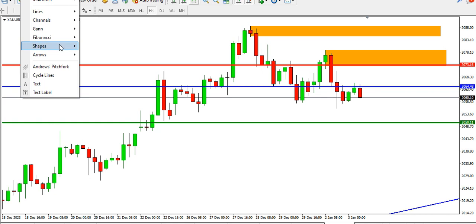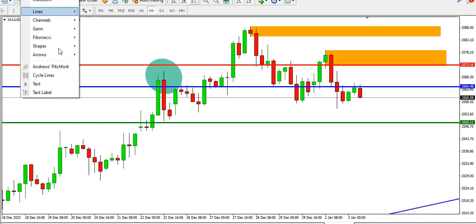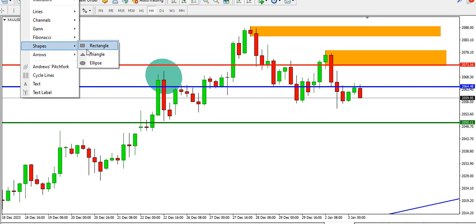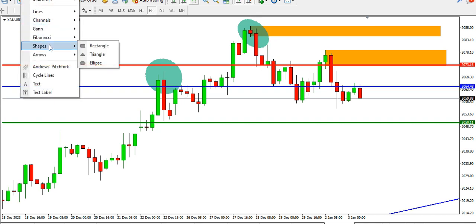This looks most likely to be a left shoulder, and we can also see the head. This is the head formation on the screen, and then we can see what looks like the right shoulder.